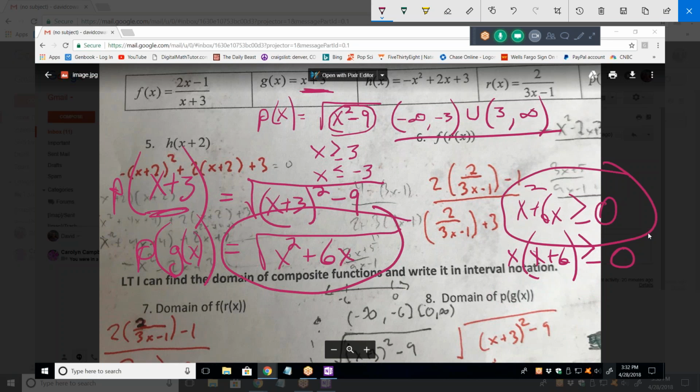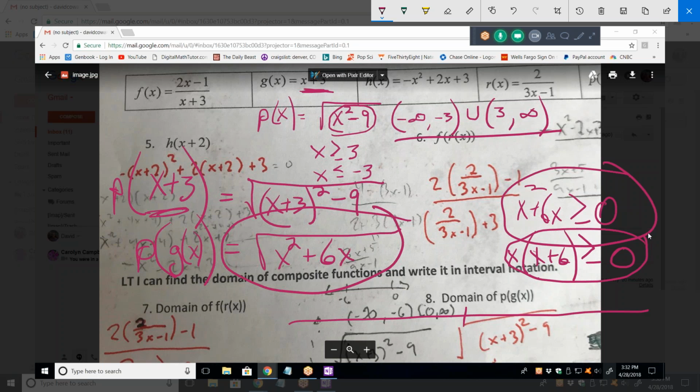But you need to know how to do this. So let's go through it. You've got to use a sign chart. And I want to put my critical numbers on the sign chart. What are my two critical numbers? For this function right there that I'm trying to solve, is it just 6 and 0?